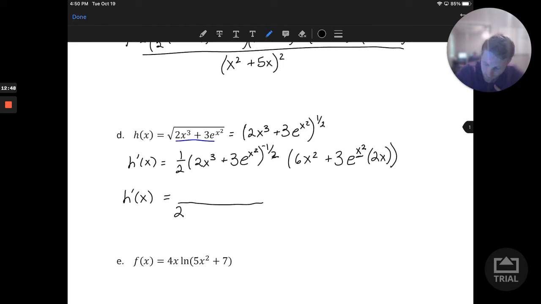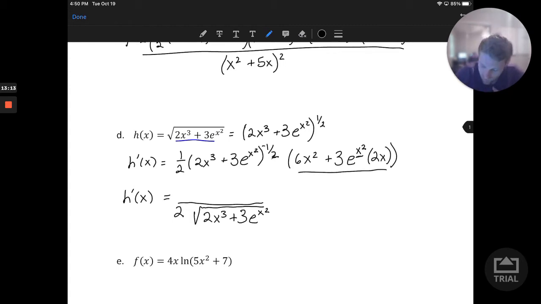And we could bring down our original square root here with the negative 1/2 power. In the denominator, we'll have the square root of 2x cubed plus 3x raised to the x squared. That looks great. And then we can bring the numerator term, that's going to be that last portion.